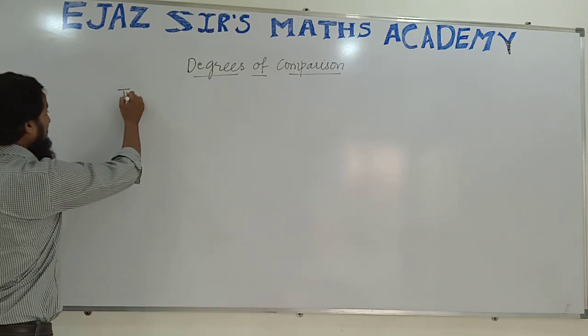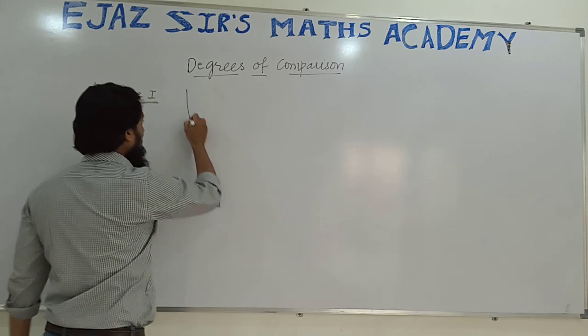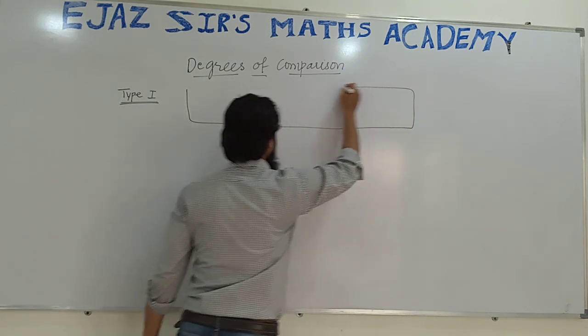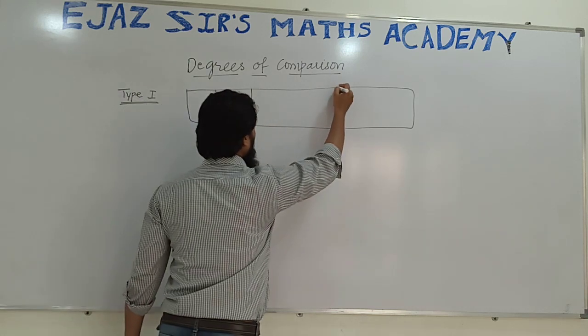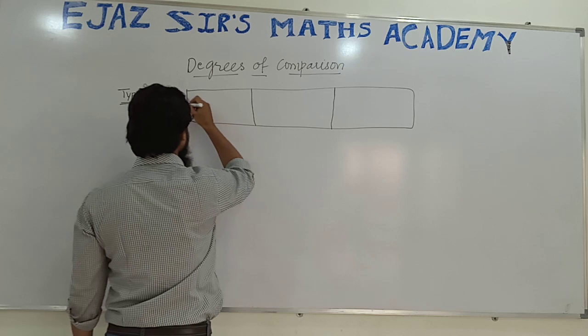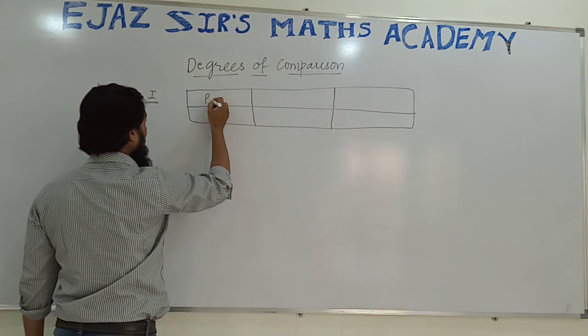So let's study type 1. It is the first type of examples. For these first types of examples, we need to make a box. We'll divide it into 3 parts, into 6 parts. This is positive degree.